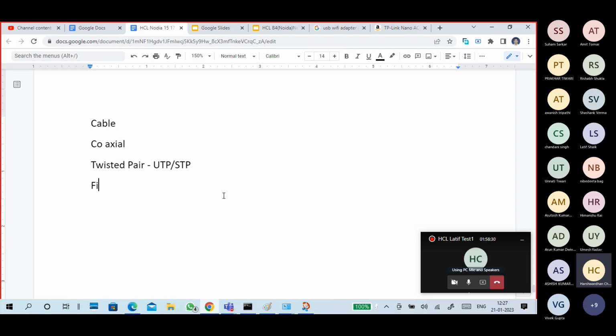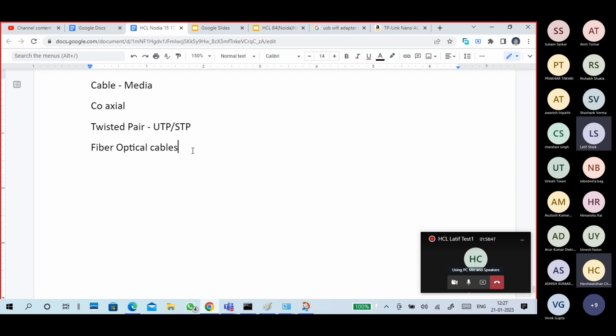And fiber optical cables, a fiber optical cable or media. So these are the three types of cables we are using. Coaxial cable, guys.